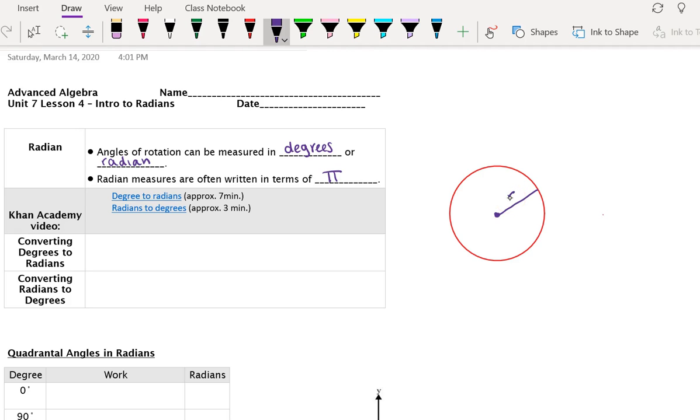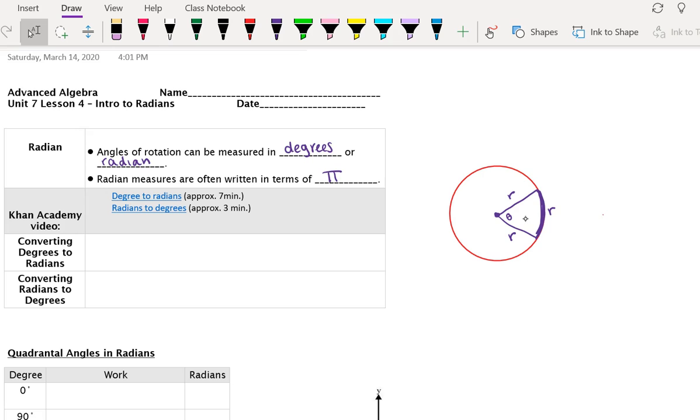If I took that same radius and I bent it around the circle, so this is now of length r and this is of length r, this unit right here, the angle measurement theta, is called 1 radian because I took a radius and I bent it around the circle. So theta can be a degree or it could be a radian or part of a radian, okay?